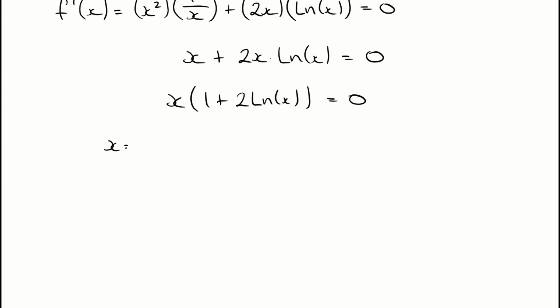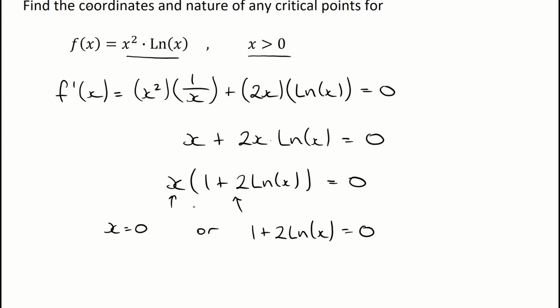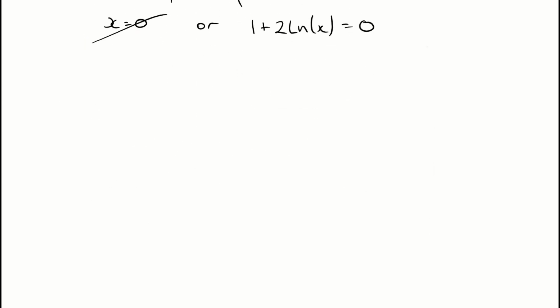Either x is 0, or 1 plus 2 lots of the natural log of x has to be equal to 0. Now, the strict domain says that x has to be larger than 0, so this solution here is a no-go, but the one on the right could potentially work.